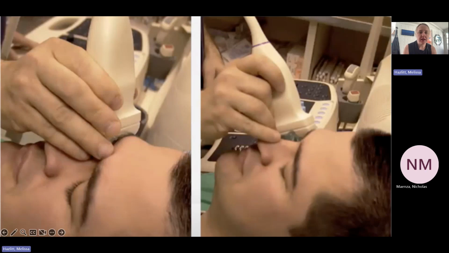And just a reminder that it is especially important to have a stabilizing force of your pinky finger or your hypothenar eminence, because not only is there the risk of sliding off of your midline in a patient that could potentially have trauma that you're evaluating, you want to make sure that you have really good control of the pressure.